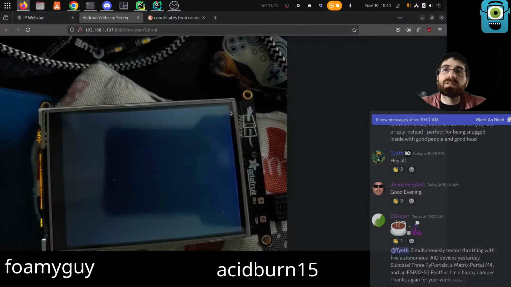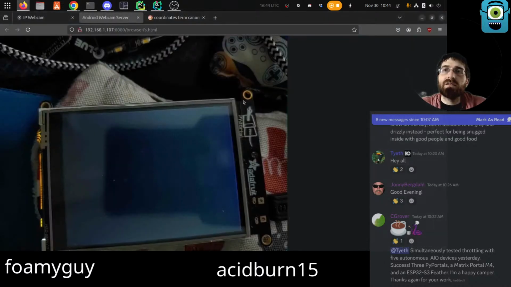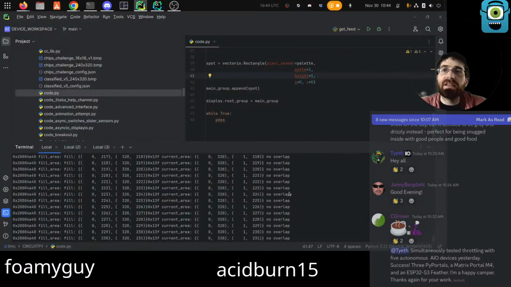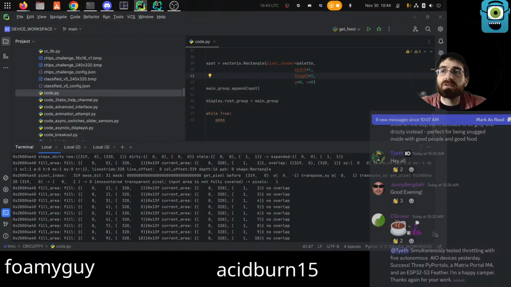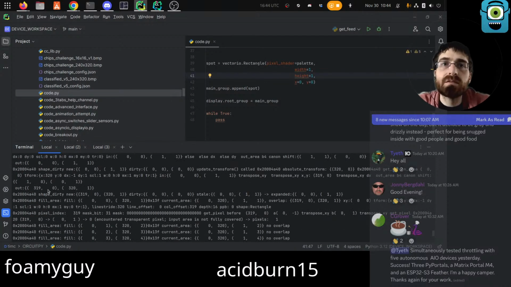So that does not get drawn. I think it's one pixel outside here. So it's basically at index 320 when it should be at index 319. But the out shape is showing correctly now: 319, 0, 321. And that sounds right in my head.